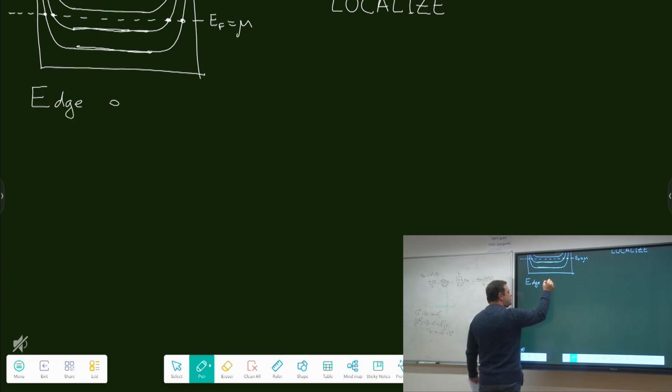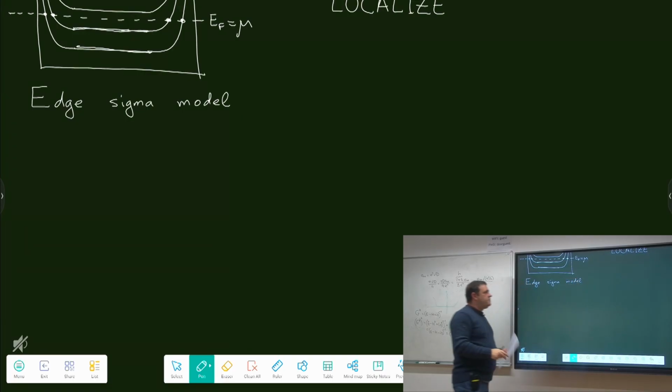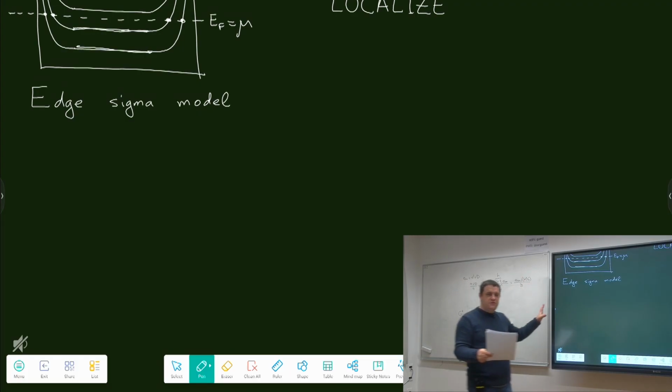Sigma is written like this. Edge sigma model. So imagine we would like to describe only these edge states, not the bulk of the system. Bulk is localized, bulk is boring, nothing happens there.